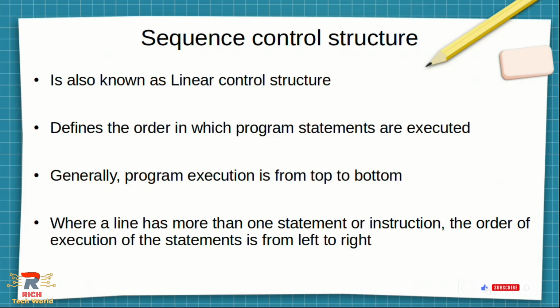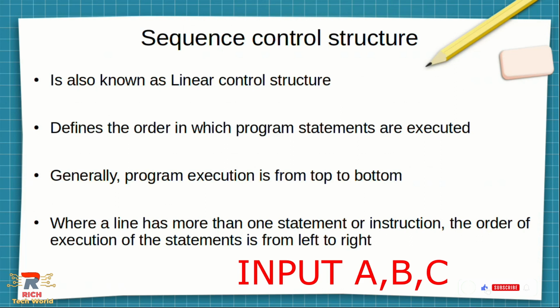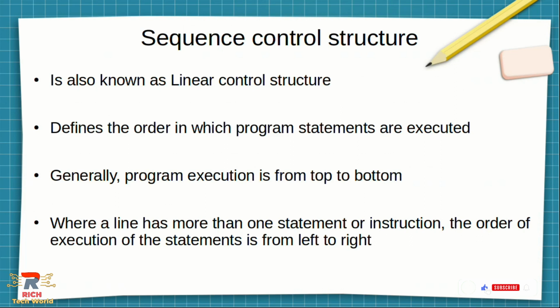As we said, we can allow the user to input different types of data into different variables using one input statement, where we separate the variables with commas. For instance, input A, comma B, comma C. That is going to allow you to receive values for A, B, and C respectively.